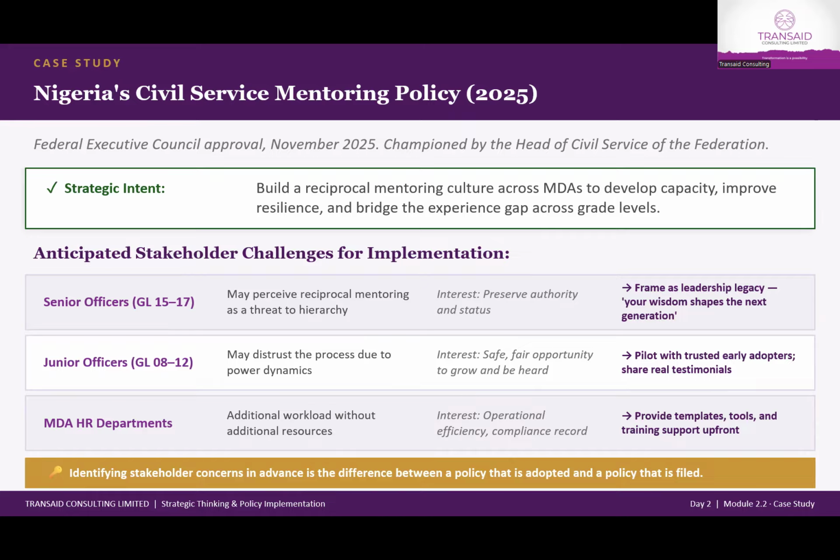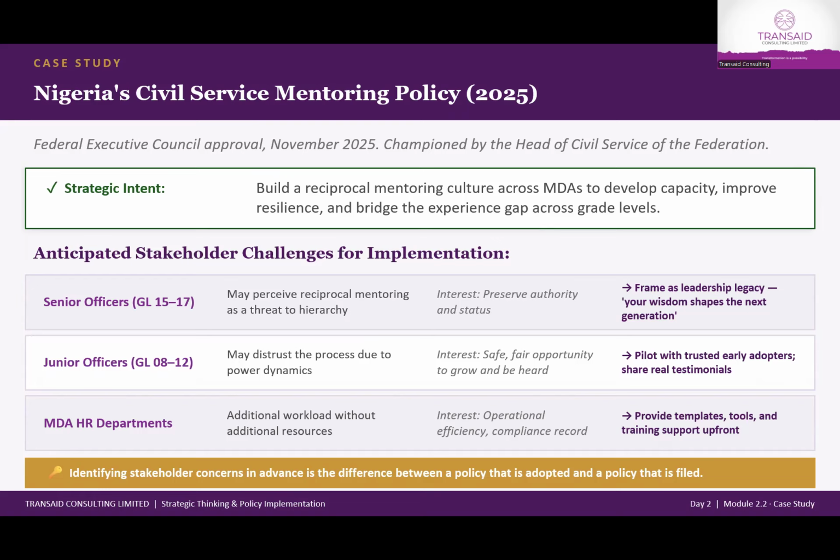The interest is to preserve their authority and status. So what do you do? You now frame it as leadership legacy. That the wisdom that they have, if they transfer it, it will shape the next generation. Because true, they have institutional knowledge.